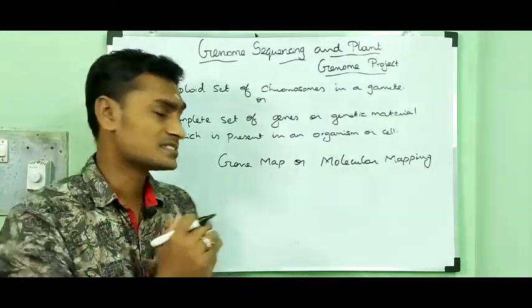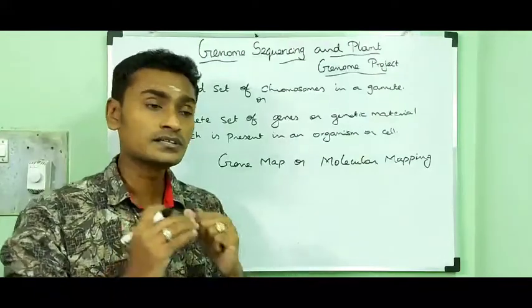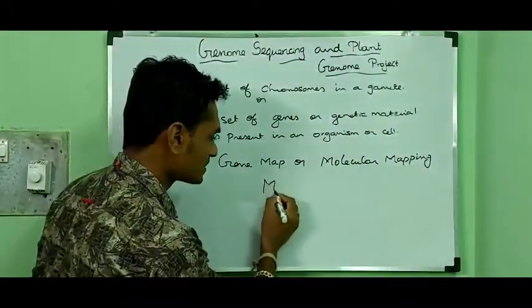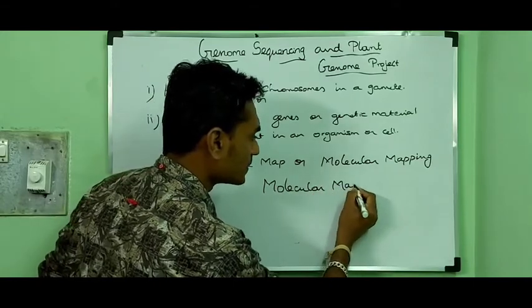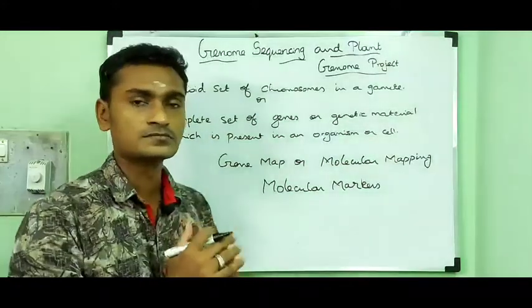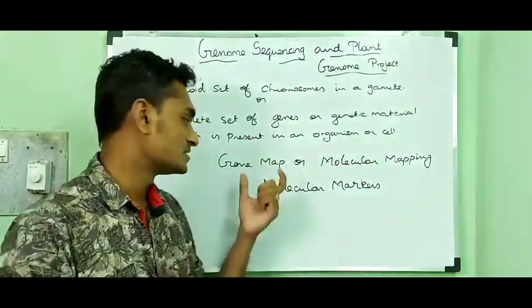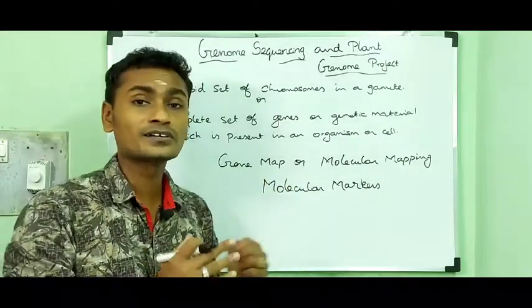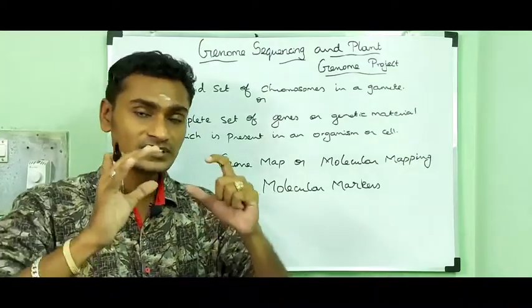Then the main essence of the gene map is to collect the molecular markers. Molecular markers are nothing but a particular gene which are able to express as a particular protein. So the main essence of the gene map is to collect molecular markers onto their respective position of the genome.